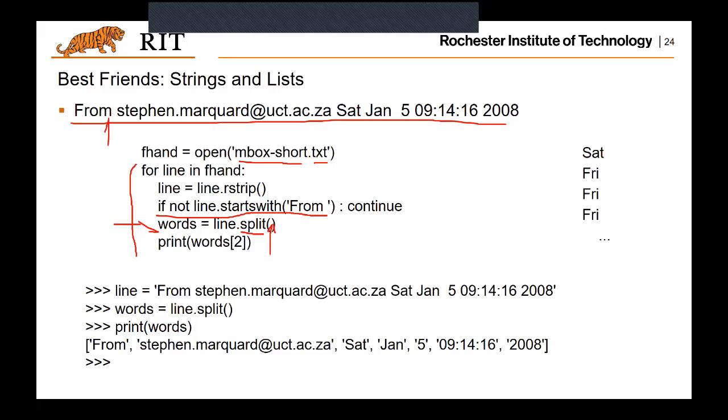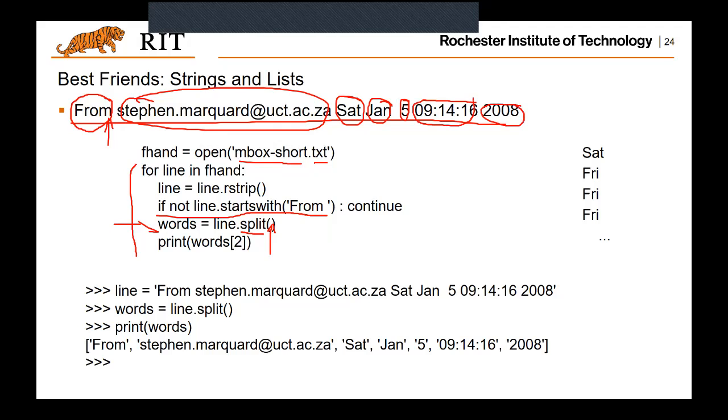For example, if you are dealing with this line, it will convert it to a list of strings consisting of this one, this one, this one, and this one. All right, that's all you have.